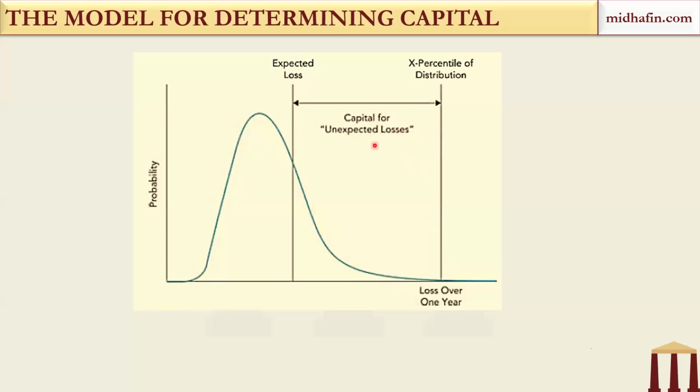See, expected loss is very clear. Expected loss is the loss which is expected, as the name suggests. And those of you who are working in the banking sector, expected losses are already accounted for in the cost of doing business by the banks, correct? How do they do it? How do banks account for expected losses in the cost of doing business?